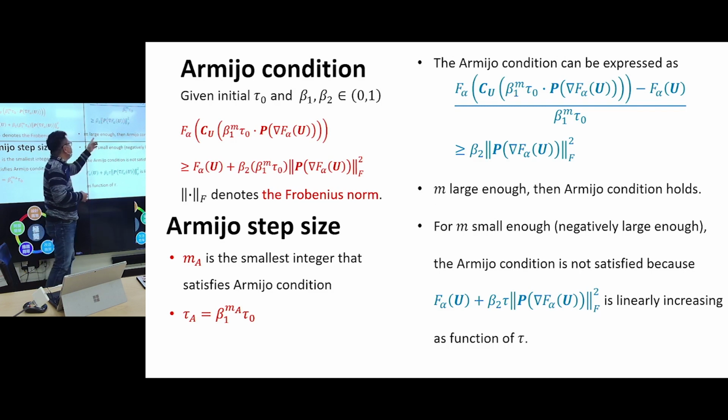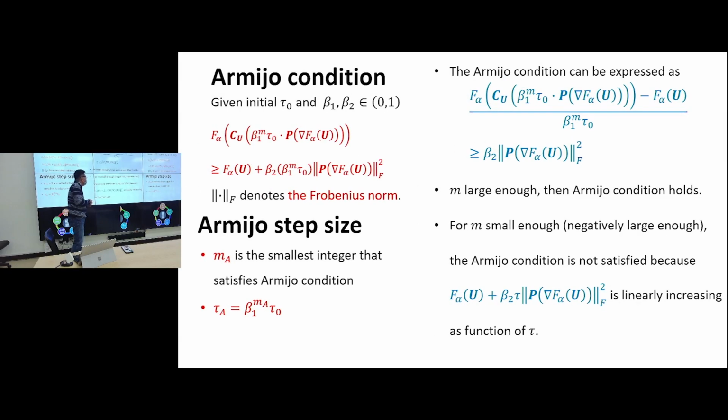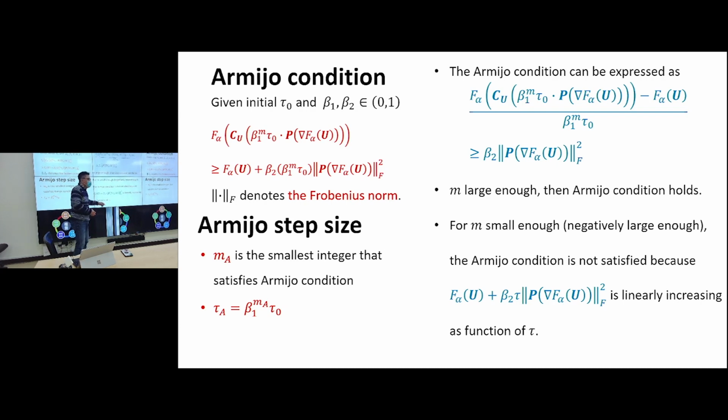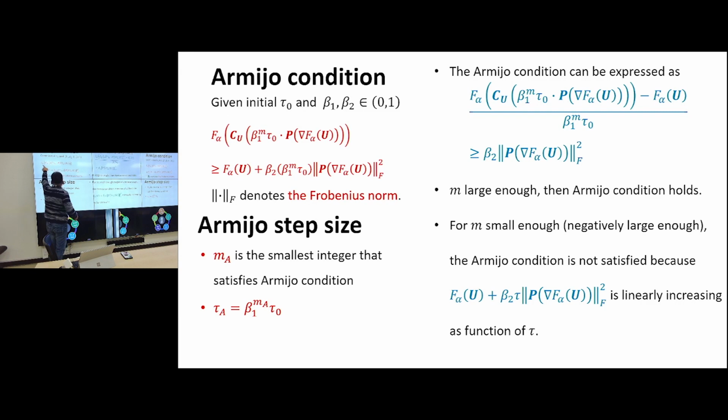But on the other hand, for m negatively large enough, we can see the Armijo-Hall condition will not be satisfied, because this term is linearly increasing as a function of tau. But our objective function is defined on the Stiefel manifold, and the Stiefel manifold is a compact manifold.